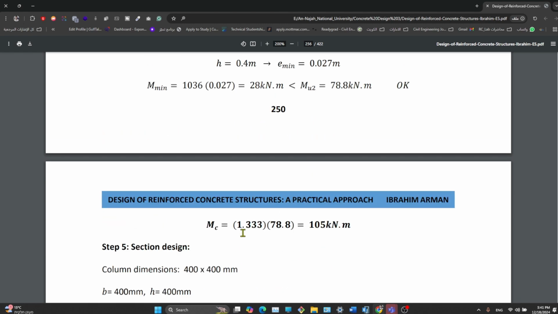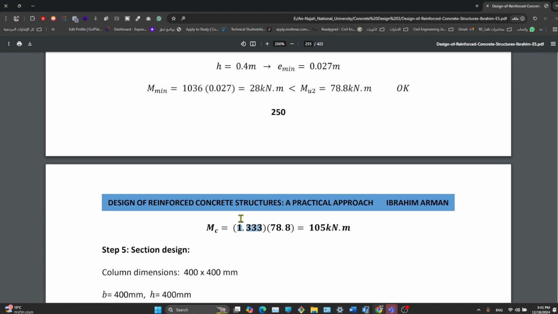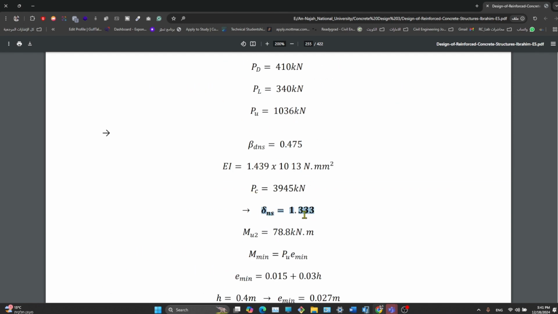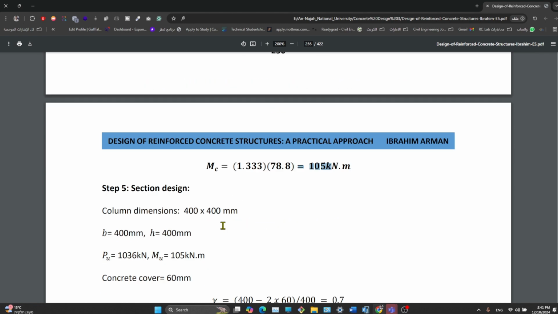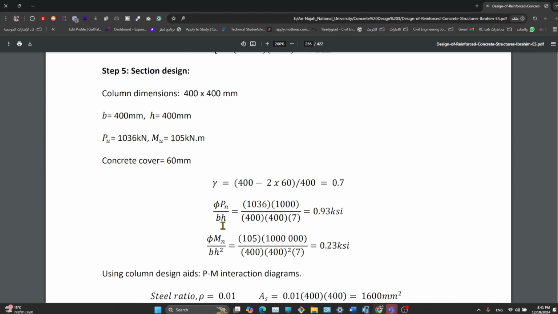Now MC is equal to the delta NS we computed, 1.33, times the M ultimate. The column dimensions are 400 millimeters square, right? So imagine we have this section with B and H, B for the width, H for the length, not the height, as a plan view.